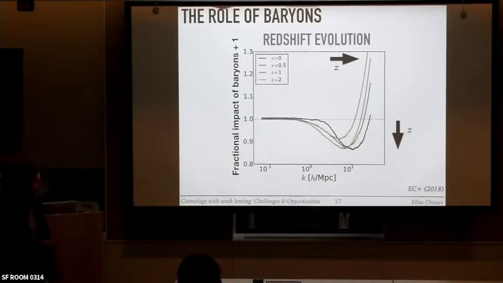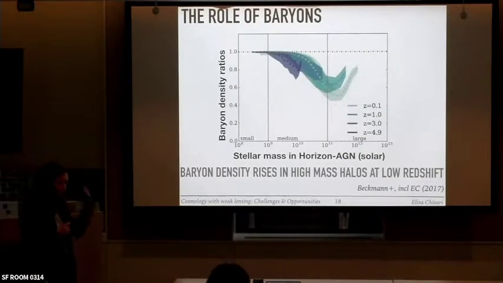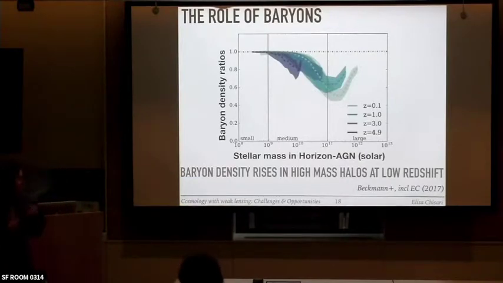The interpretation that we give to this is that the baryon density inside halos is changing, because the AGN are transitioning between a very effective mode of energy injection, which is the quasar mode, to a jet mode at lower redshift, which allows them to reaccrete some of the material that they had lost.